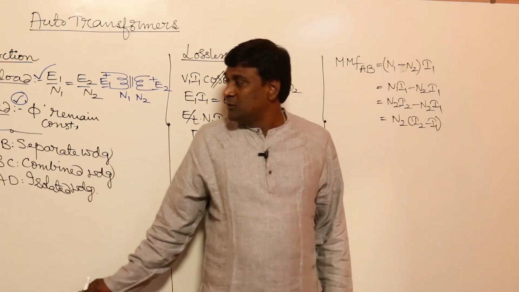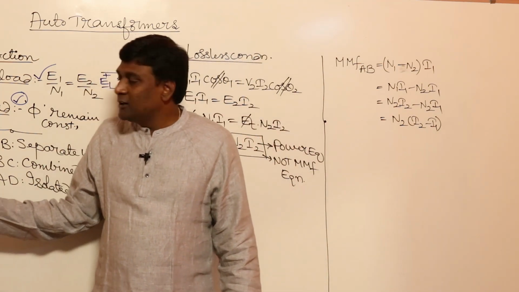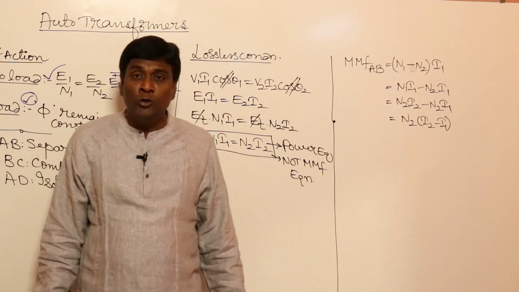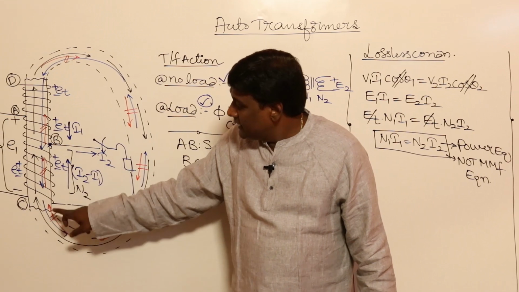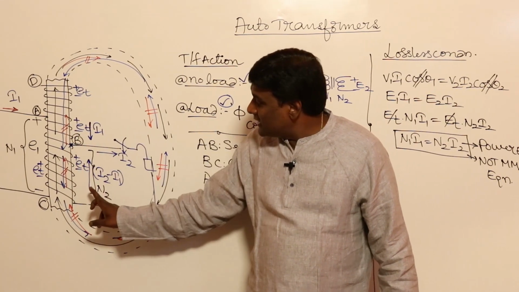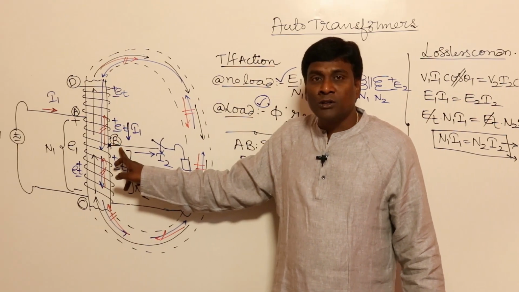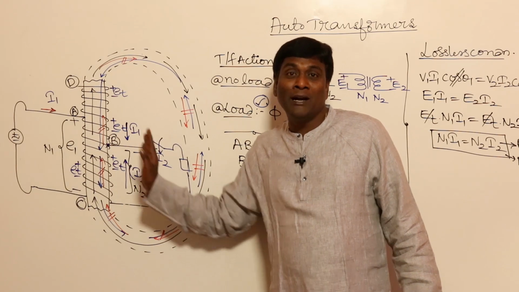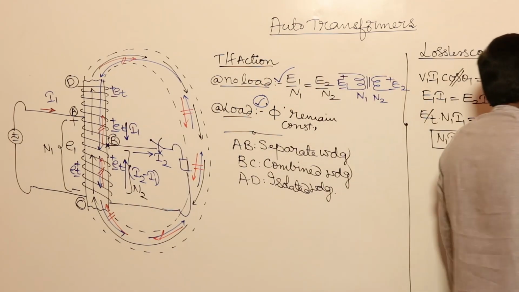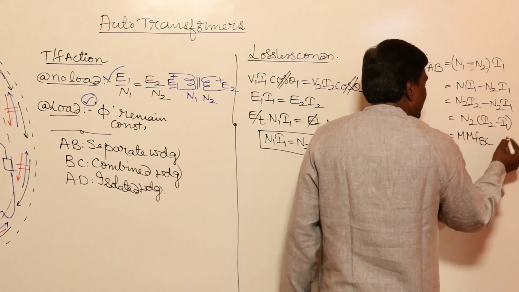In our previous diagram, it is N2 number of turns here, and the current flowing is I2 minus I1. So N2 into I2 minus I1 is going to be the MMF of the combined winding. If I come back to here, this is going to be the MMF of BC.